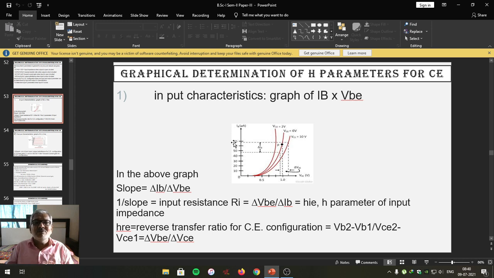To plot the first parameter, draw a tangent to any of the curves like this. Find its slope. So simple. Select any one of the curves, draw a tangent at a particular point like this, then find the slope.